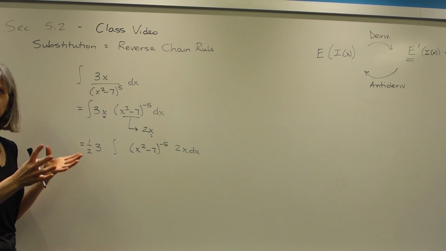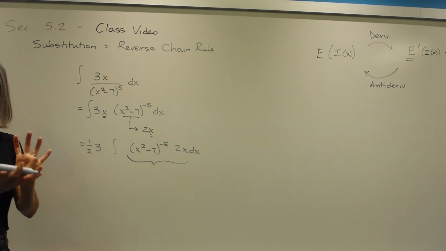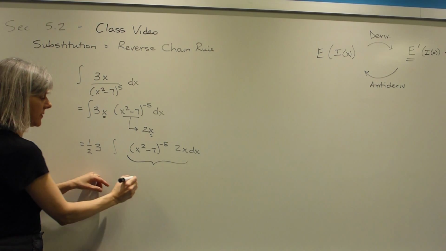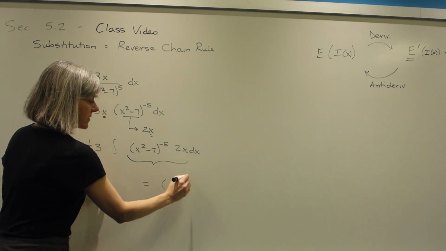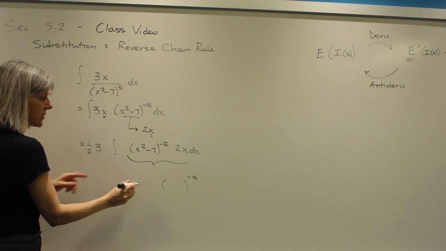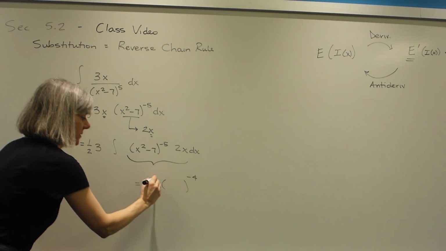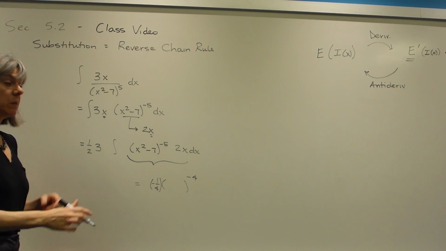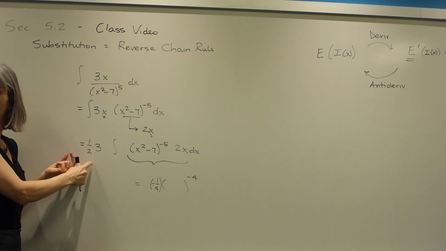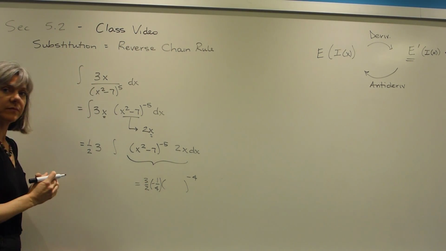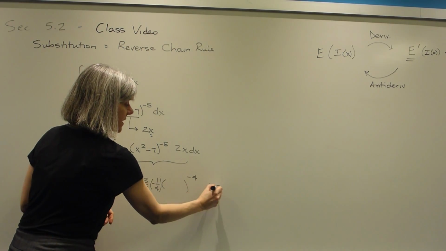We've just rewritten it in a way that makes it easier to do. So now this piece is a complete derivative. So I know its antiderivative. Raise the power to the minus 4, divide by minus 4, plus all this other stuff going on out front, times the 3/2, plus the c at the end.